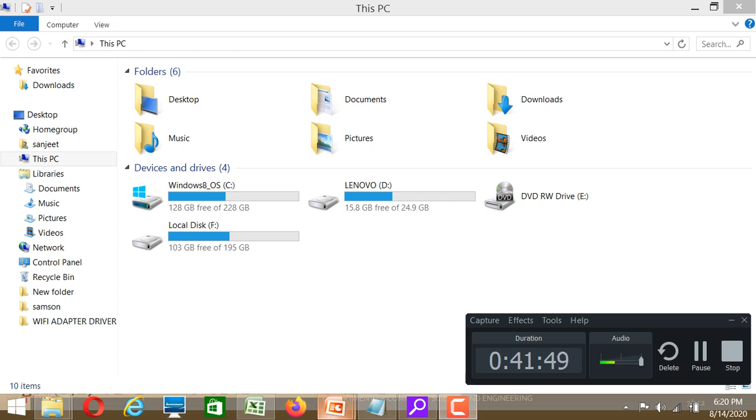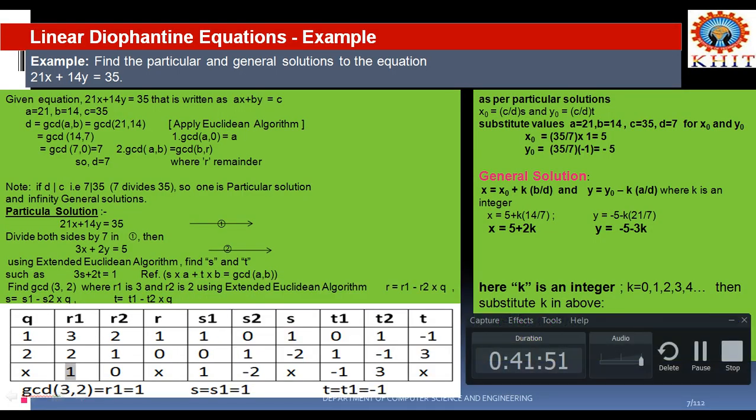Once again I am repeating this one. For solving the 21x plus 14y equal to 35, first write down that given equation into ax plus by is equal to c, where a is equal to 21, b is equal to 14, c is equal to 35. Then calculate the GCD of a comma b value, that is the d, using the Euclidean algorithm. So we are getting d is equal to 7.